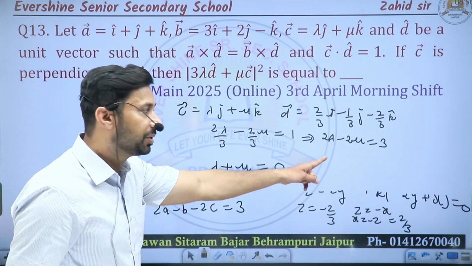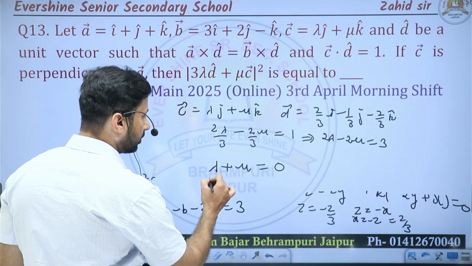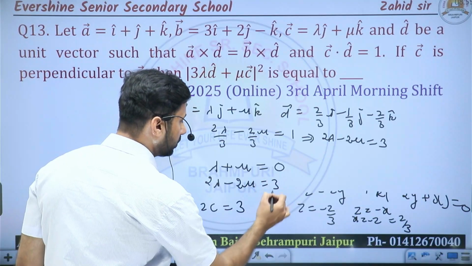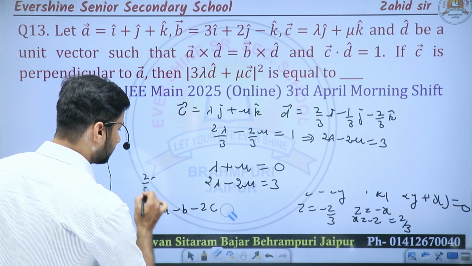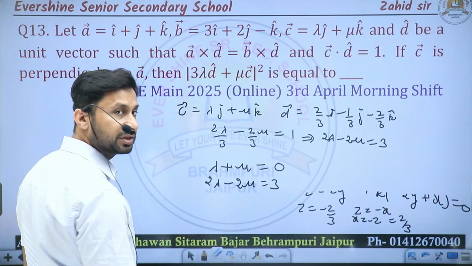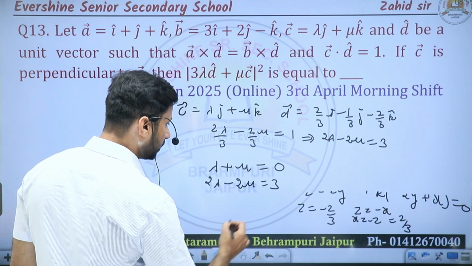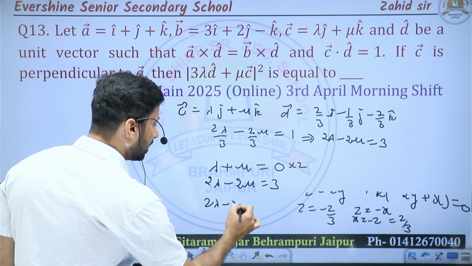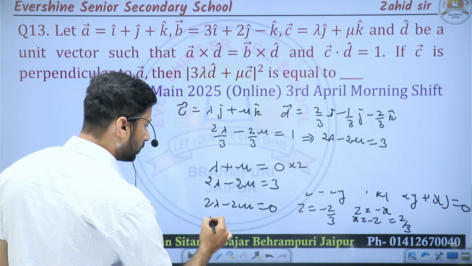Now these two equations I can solve easily. 2 lambda minus 2 mu equal to 3 and lambda plus mu equal to 0. I'll solve these by the elimination method. I multiply the second equation by 2, so 2 lambda plus 2 mu equal to 0.